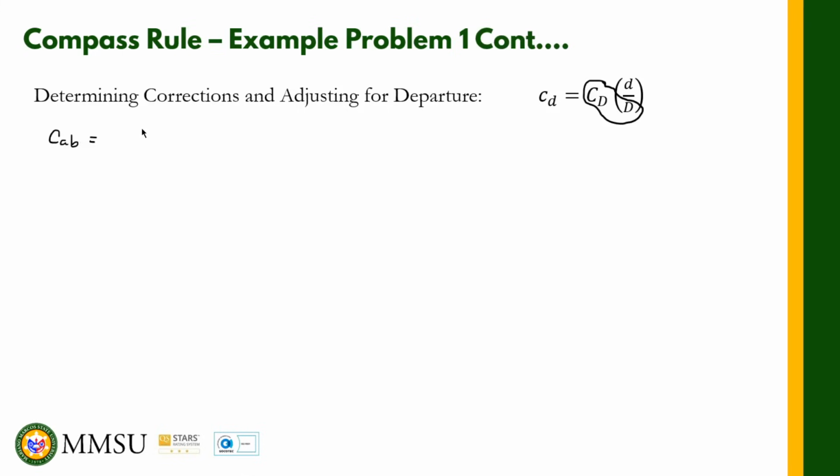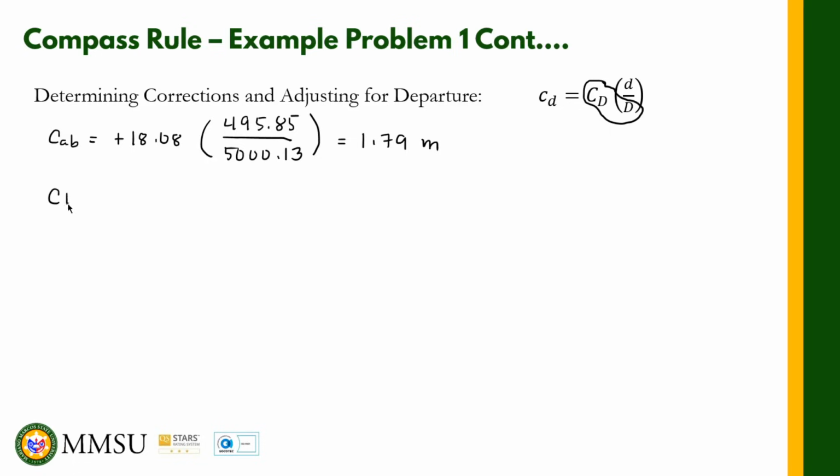Okay, so basically ito ay positive 18.08 multiplied by 495.85 divided by the total distance of 5,000.13. Okay? So this is equal to 1.79 meters. Alright? So, kagaya ng sabi ko, pwede nyo nang i-store itong 18.08 divided by 5,000.13. Multiply nyo na lang later on doon sa distance ng bawat linya.